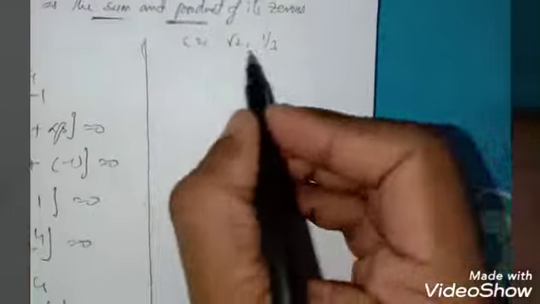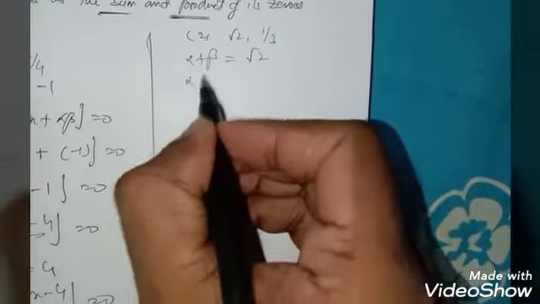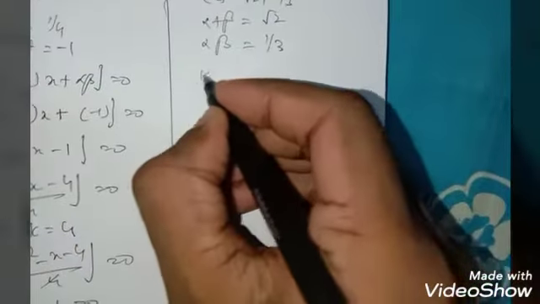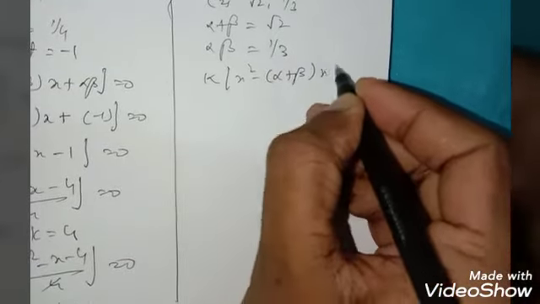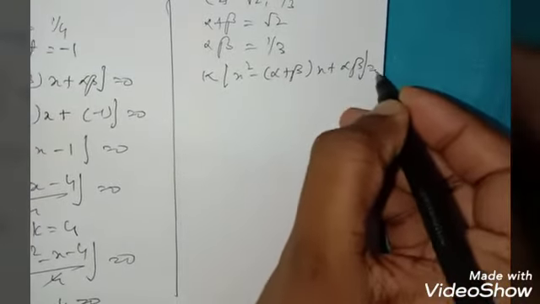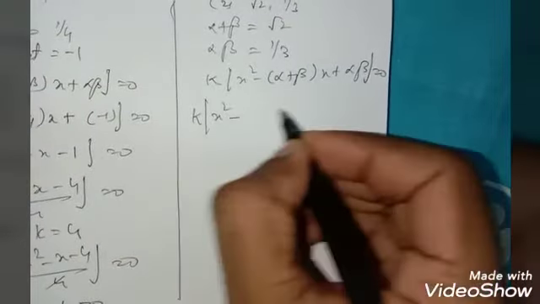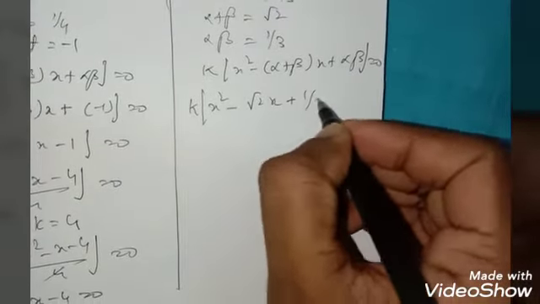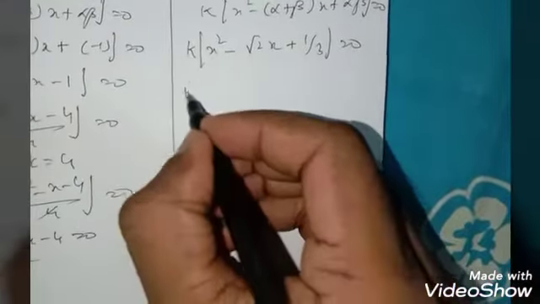Now if I go for the second one, here alpha plus beta is given as root 2 and alpha beta is given as 1 by 3. Right. Now as per the standard form of the quadratic equation, you have x square minus alpha plus beta into x plus alpha beta is equal to 0. Now you can write k into x square minus alpha plus beta, which is root 2 x, plus alpha beta, which is 1 by 3, is equal to 0. Now again you have a denominator, so I can take LCM.